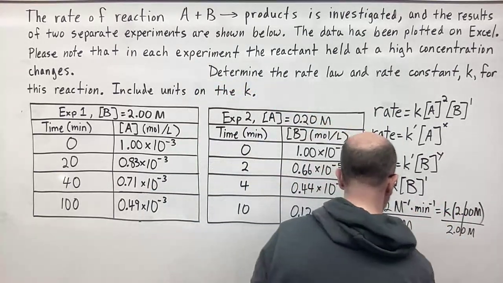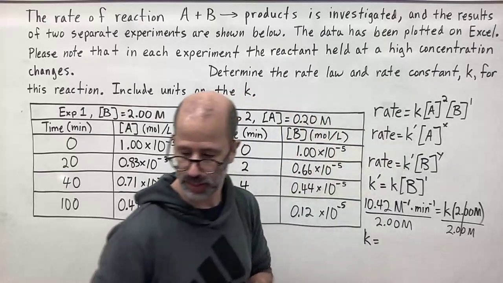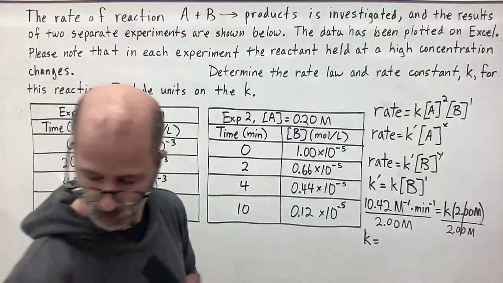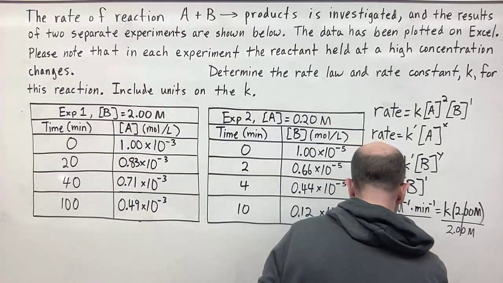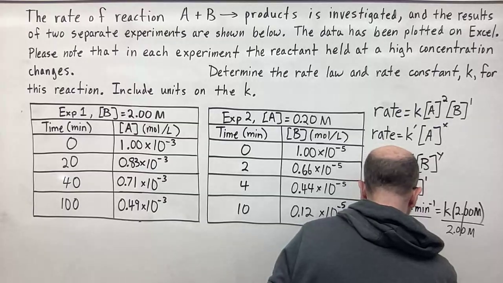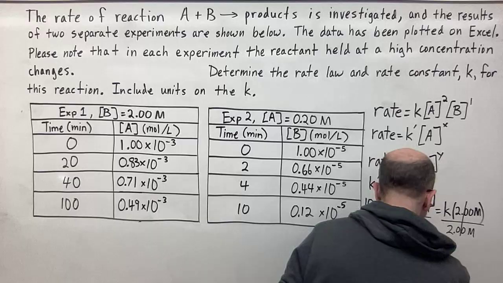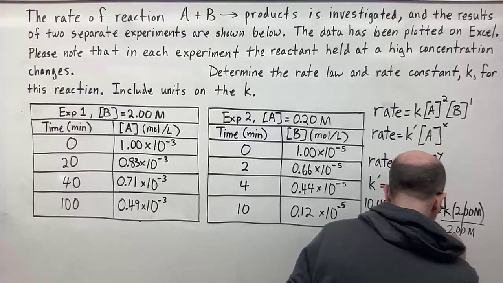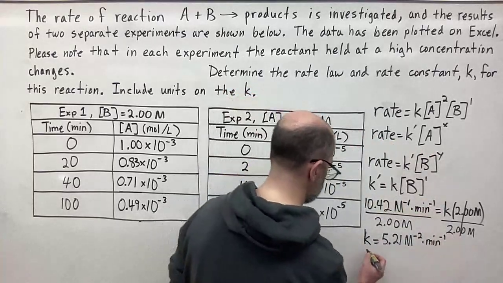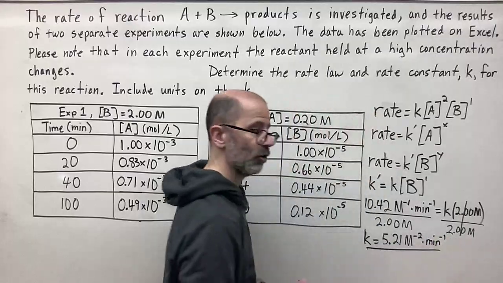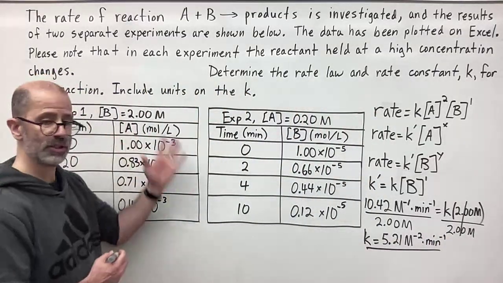So that makes this, what did I get for the answer here? 5.21. So it's going to be molar to the -2 times minutes to the -1. So there's my K value that I got from the first experiment.